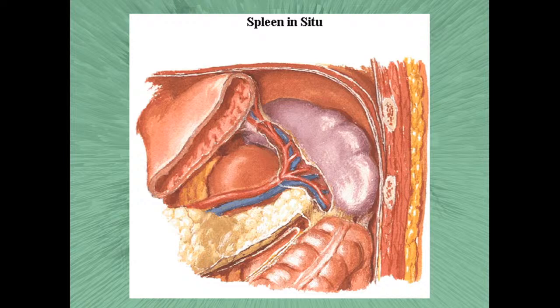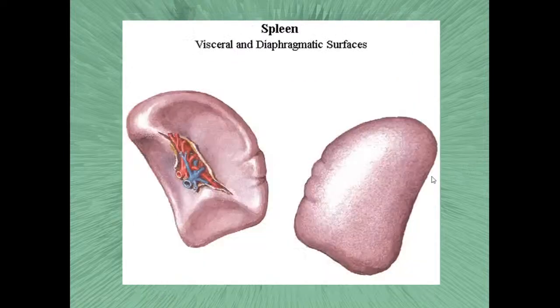These blood vessels are very massive, supplying it with blood. That's why in case of trauma of the spleen, it's very important to make the diagnosis in time, and unfortunately surgery of the spleen is hardly possible. That's why usually in case of spleen rupture, a splenectomy, complete removal, has to be performed.